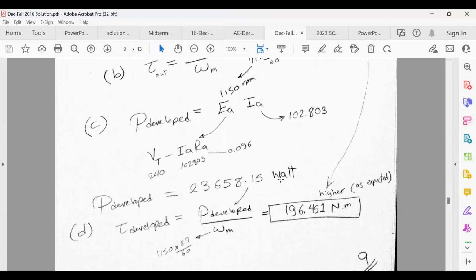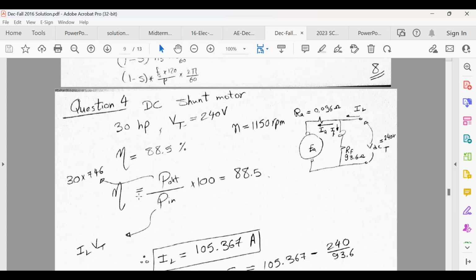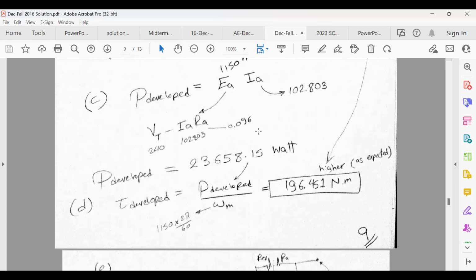Can you see the developed torque? You can compare this developed torque with the output. This one should be higher because you still have some losses.